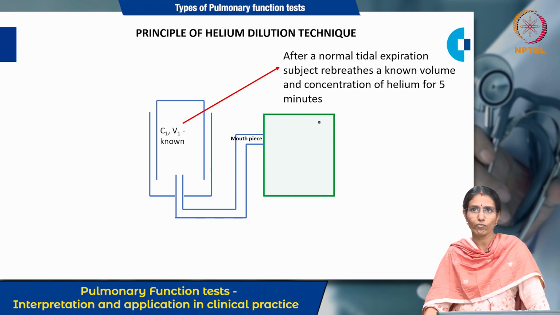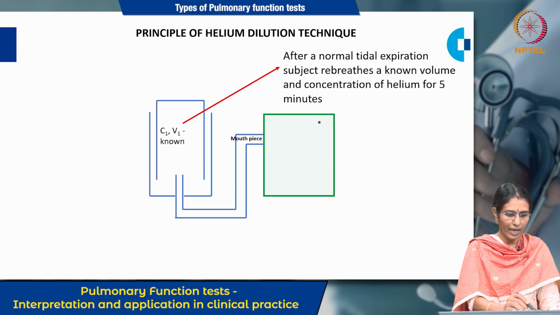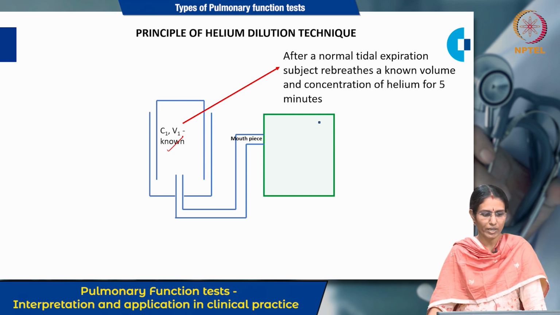The amount of air which remains in the lungs at the end of normal tidal expiration has to be calculated. So ask the subject to do a normal expiration, and following that, the subject has to rebreathe this known volume and concentration of helium mixture for around 5 minutes, for equilibration to happen.